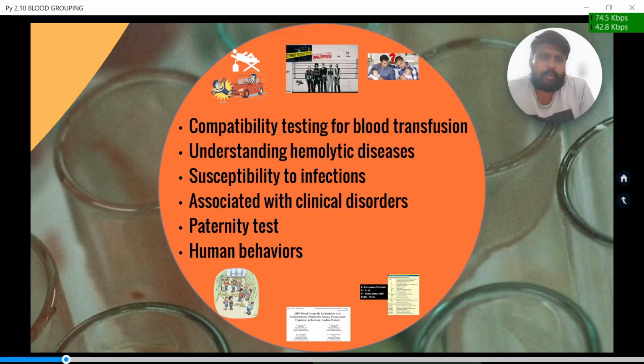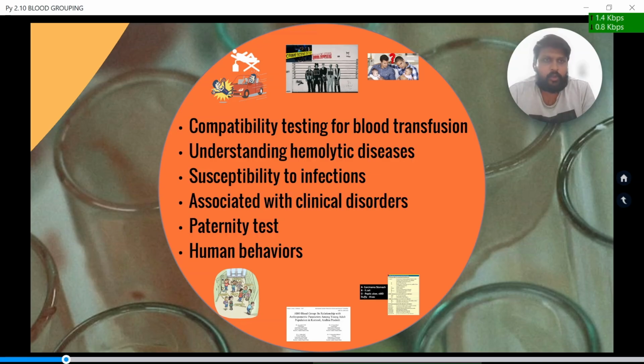Next thing is susceptibility to infection. This susceptibility is a genetic factor again, and certain blood groups are very much prone to certain diseases. Since this is of very significant value, we can anticipate that this person can develop this kind of infection.